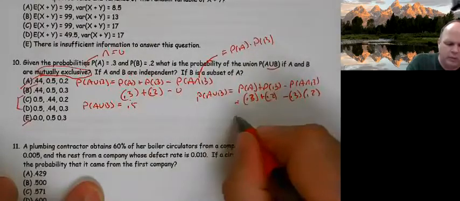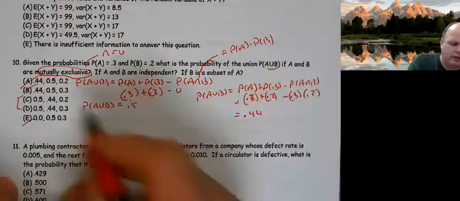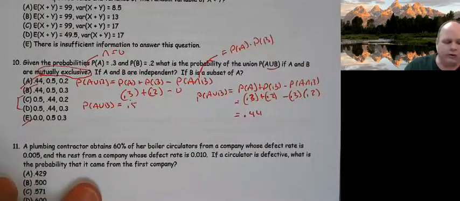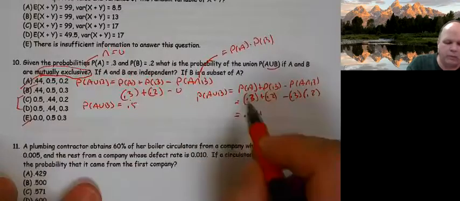When we do that, we end up getting 0.44. And that's not a surprise because it had to be 0.44 just because those are the only two that I had there. So we're looking at 0.44.